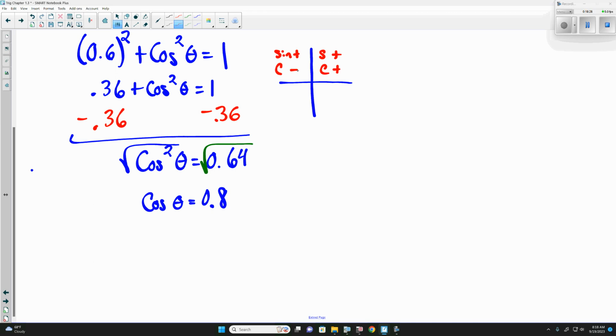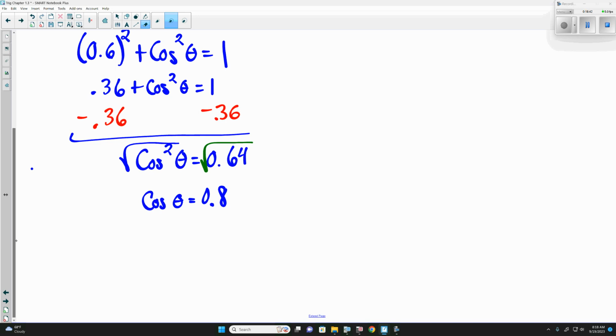And because we're not talking about a reference angle, there's no way we're going to be talking about the second quadrant because that would have to be an obtuse angle. So for this here, we're only going to look at the positive case because truly it would be plus or minus 0.8. But for cosine to be negative, the angle has to be obtuse, so it has to be positive.